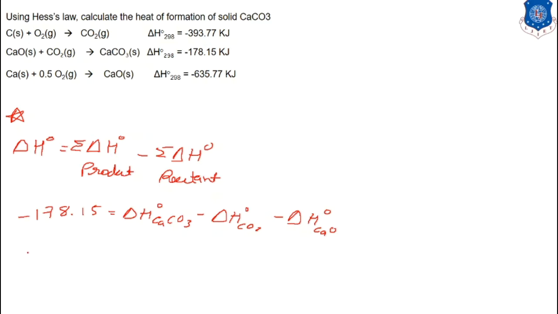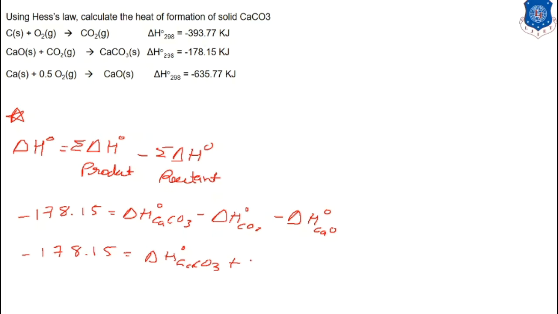So let's write this equation again. It becomes minus 178.15 minus delta H naught for CaCO3, which we have to find out, minus delta H naught for CO2, which is given by minus 393.77 kilojoule.